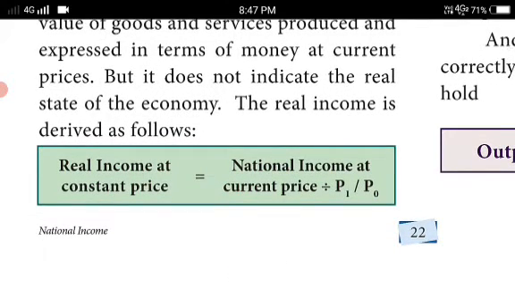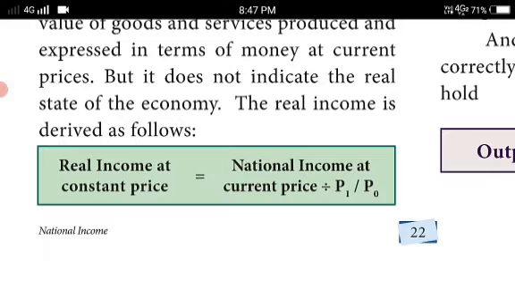National income at current prices divided by P1 divided by P0. Here P0 means the initial year, and P1 means the current year. So the real income at constant price equals national income at current price divided by that ratio.